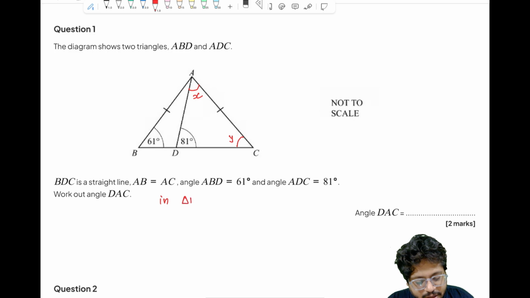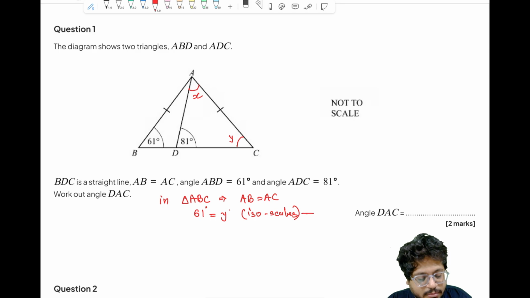In ABC, AB is equal to AC because it's an isosceles triangle. So angle B, which is 61, must be equal to Y. Reason: isosceles. But we are not interested in Y. We found Y just to find the value of X.